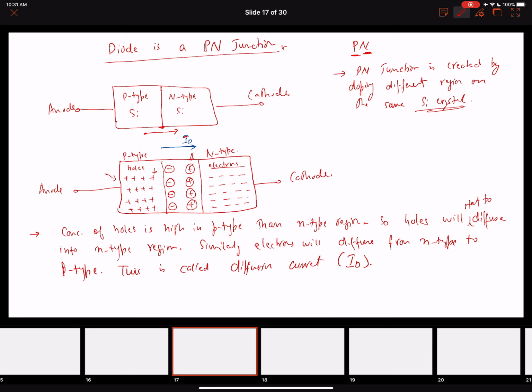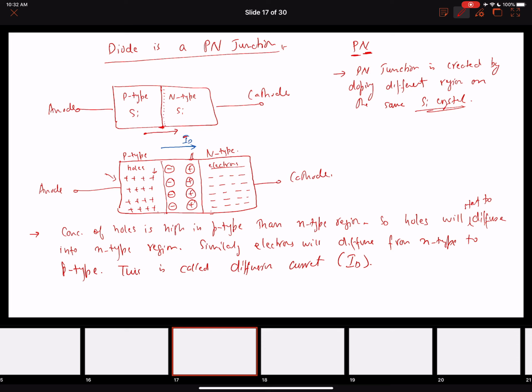Right, so again what is happening is the holes in the p-type are moving to the n-type region, and as they are moving, the holes will recombine with the electrons and neutralize. However, as these holes are moving to the n-type, there are some free electrons present as well in the vicinity of the junction. Near the junction over here, there will be some electrons that are present.